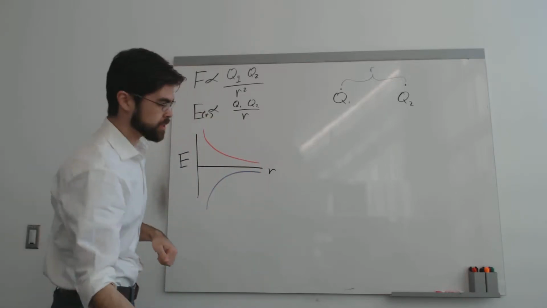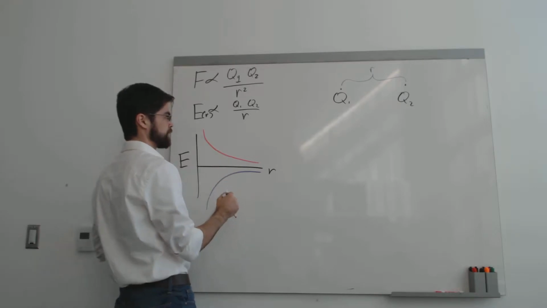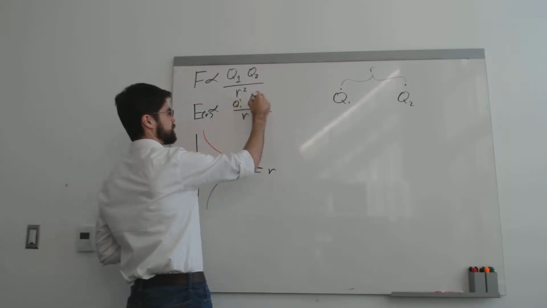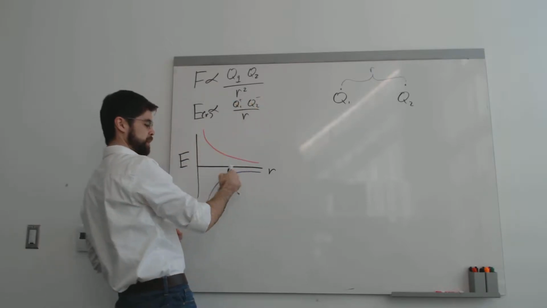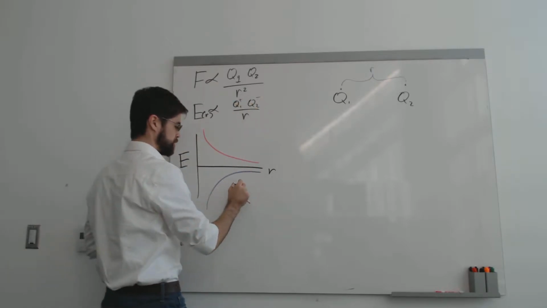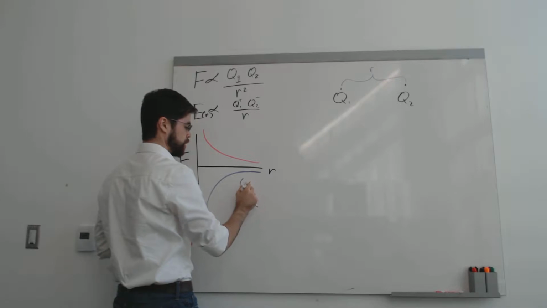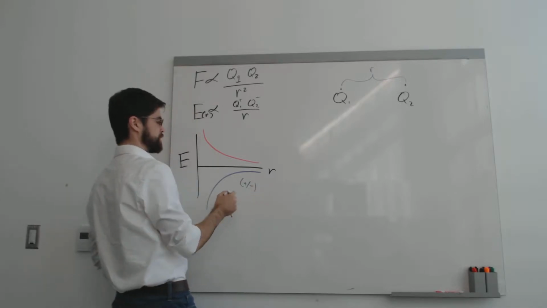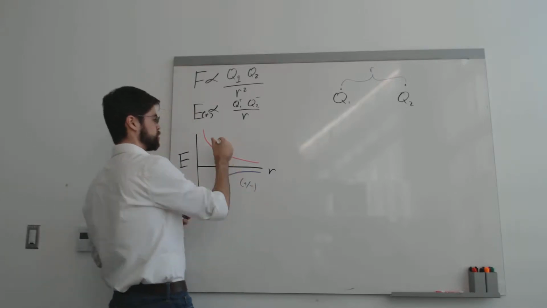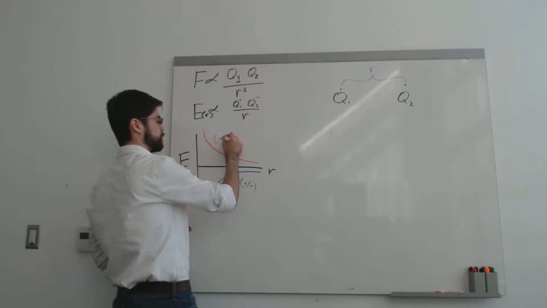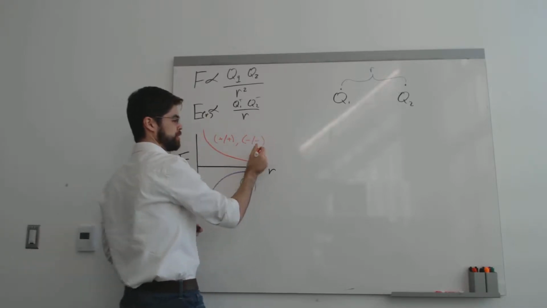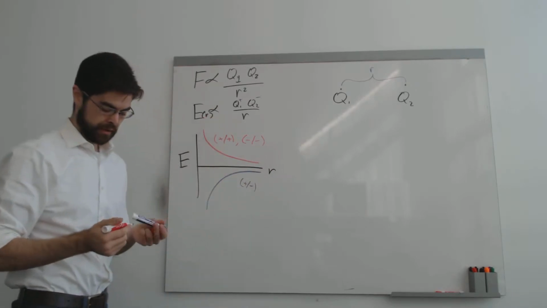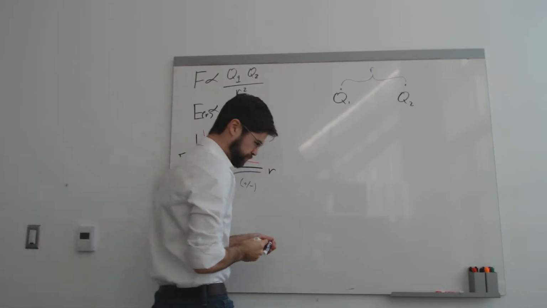It's going to be this if the charges are oppositely charged. If one of them is positive and one is negative, I have a positive times a negative, and that gets me a negative energy. This is the distribution you'll have if one is positive and one is negative. If they're both positive, then you should have a positive energy, or if they're both negative, then you should have a positive energy as well.